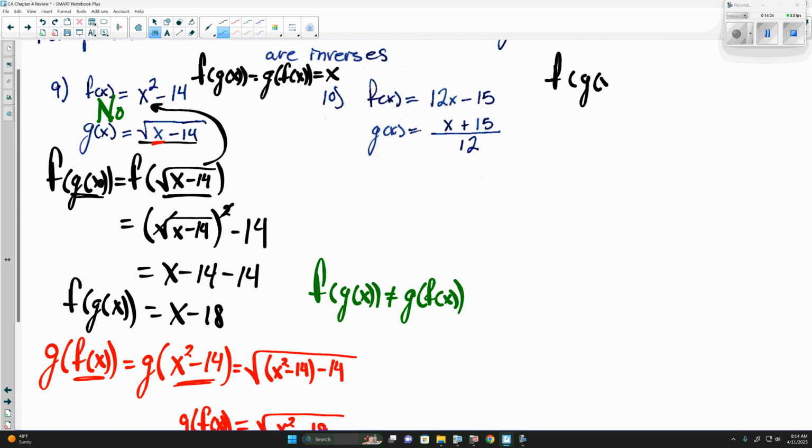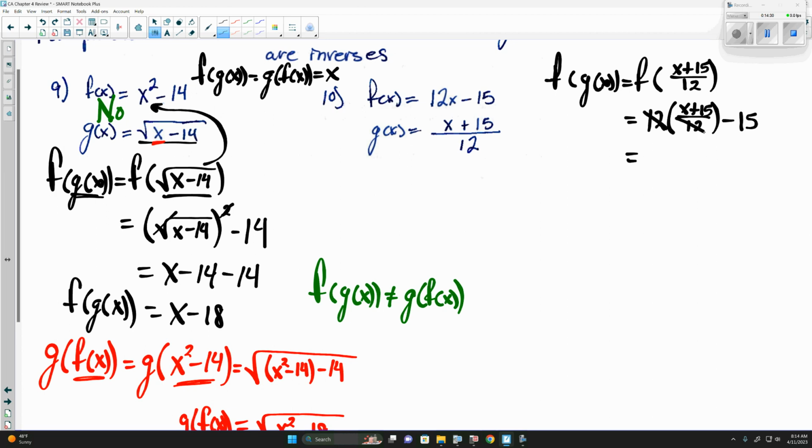f of g of x, well, g of x is our x plus 15 divided by 12. Then we take that and plug it into f of x, which is 12 times x plus 15 divided by 12 minus 15. And at this point we simplify.